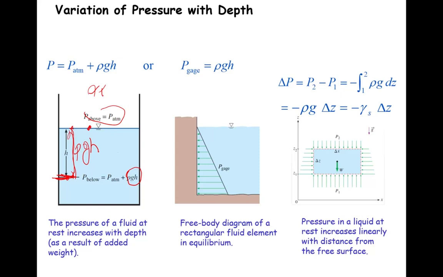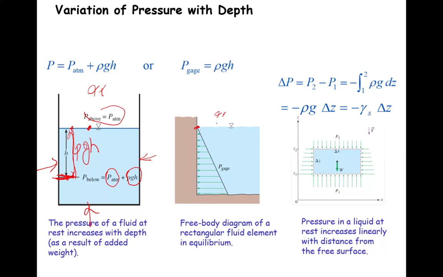In many cases we don't consider atmospheric pressure, because it applies from here and from there, and at the end of the day they cancel each other. But if it is gauge pressure, it would be 0 here, because it is atmospheric pressure here, and gauge is relative to atmospheric pressure.